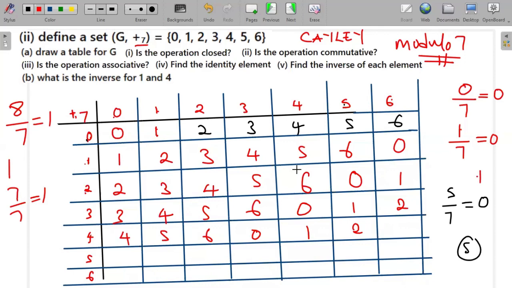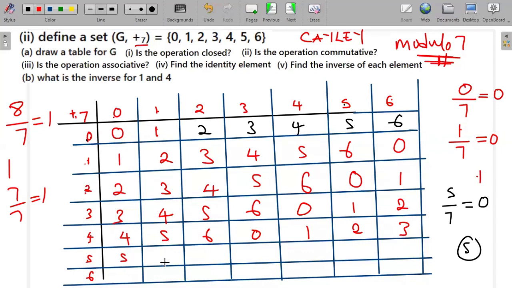And this one here would be 4 plus 6, that would be 10. 10 divided by 7 is 1, remainder 3. Okay, so you always put the remainders here if you are dealing with modulo 7, or any modulo.